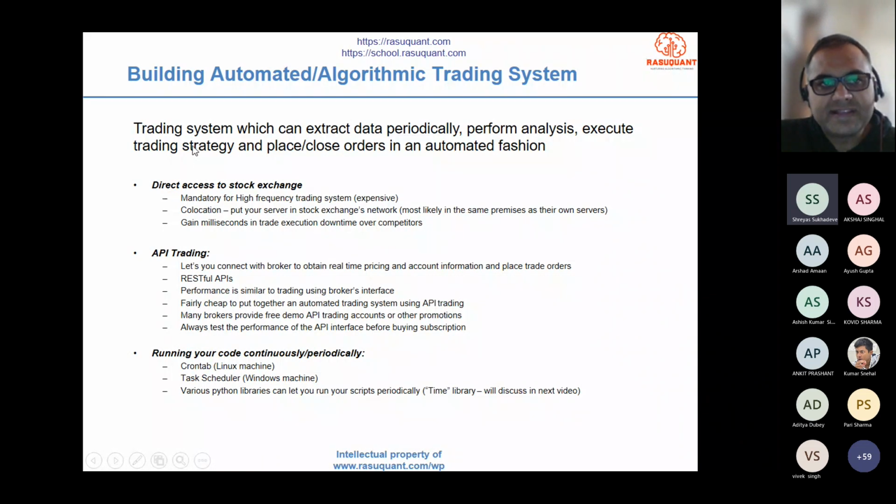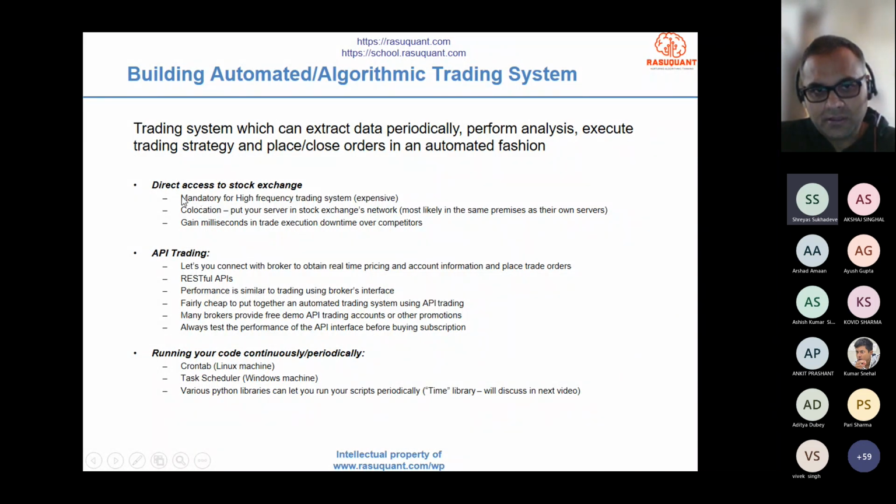So, some other important things about trading systems. How do you build an automated or algorithmic trading system? We have already talked about direct market access. If you are looking for a high frequency trading setup, I'll talk about what HFT is in a bit, this is mandatory.